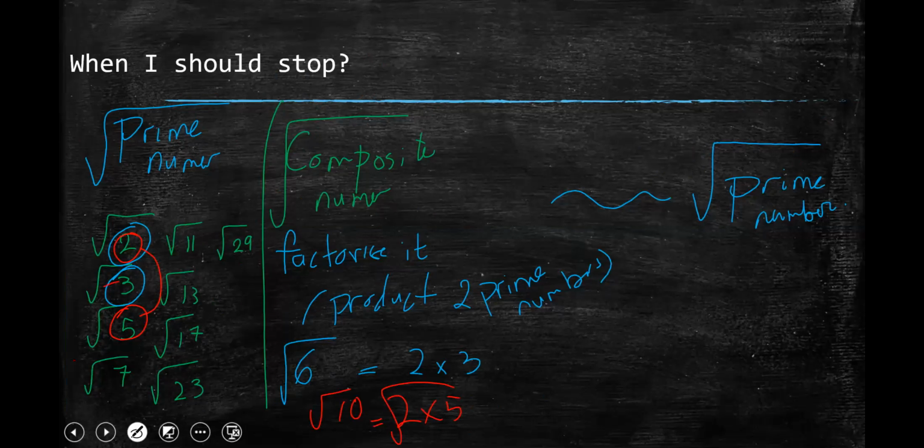Or at 21, as an example, because 21, if you factorize it, is 7 times 3, and 7 and 3 are prime numbers. So I have to stop.